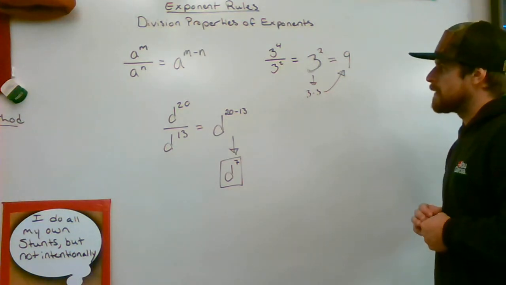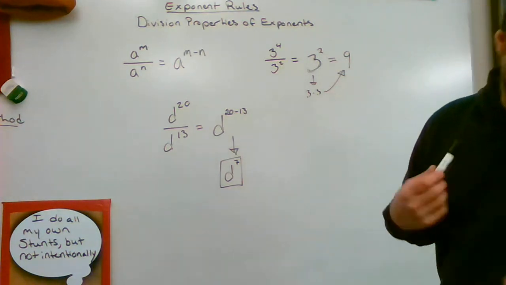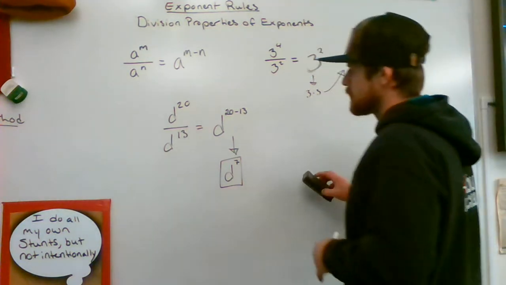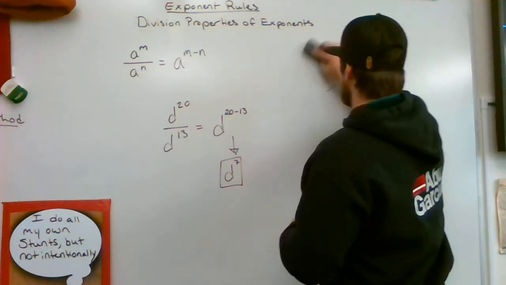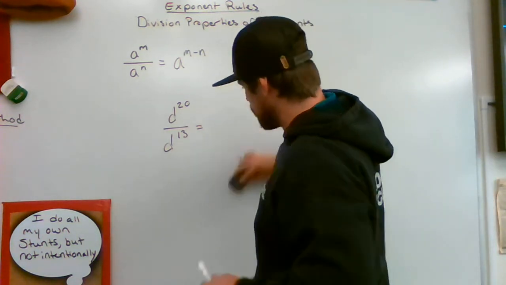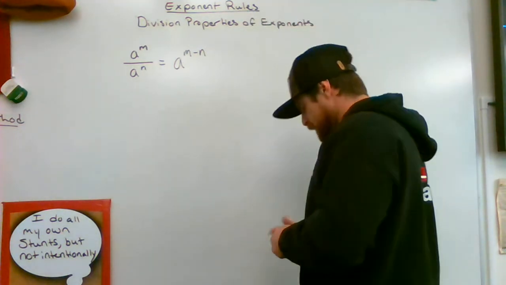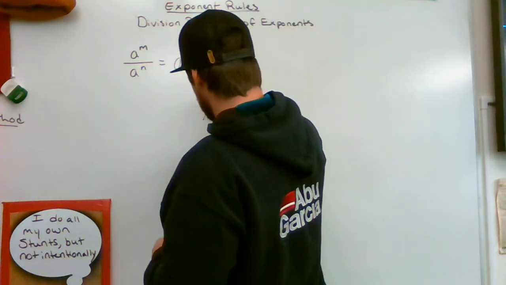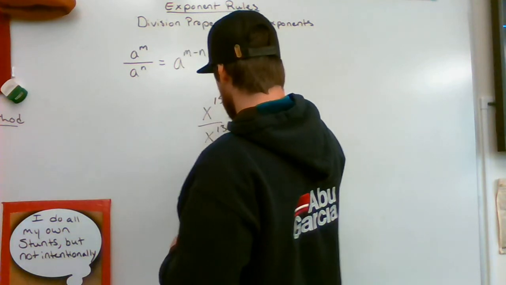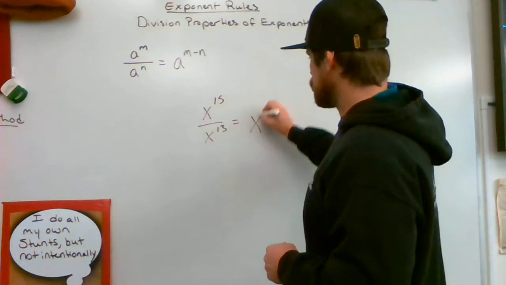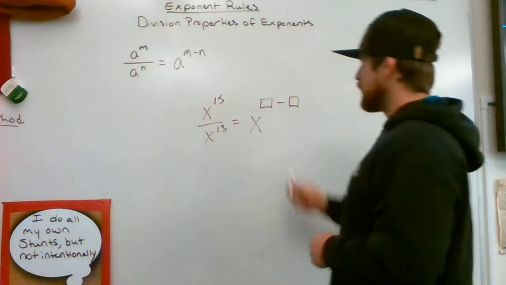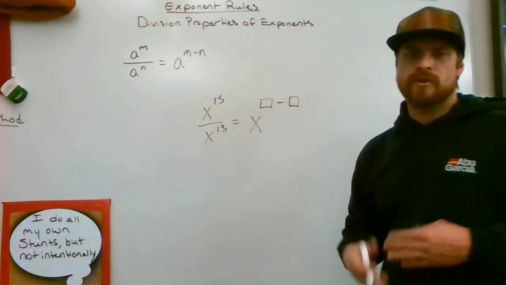Okay, what other examples could I give? I want to show you maybe in boxes. Let's give you boxes that you could possibly fill in on the other side. So if you have a piece of paper at your desk right now and you're doing this with me, I want you to copy this down. If I were to give you x to the 15th divided by x to the 13th, I want you to write down x to the, put a box there, minus a box there, and you just put in what should go into those boxes.